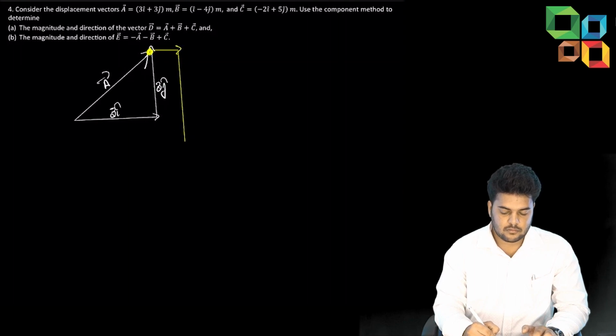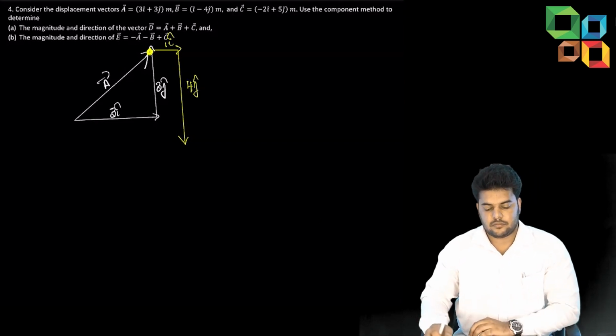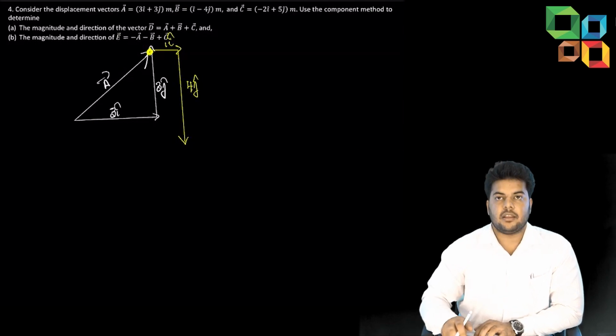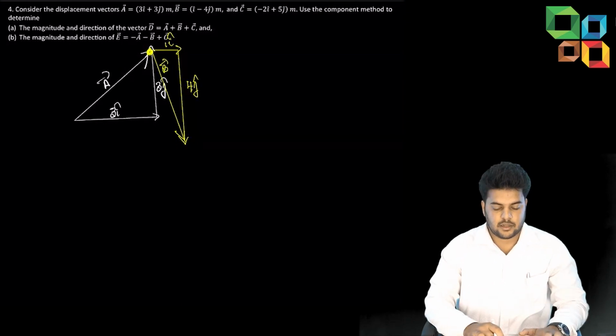So this is 1i and minus 4j. Now add them. How to add? Just join the two endpoints. So this vector over here is the B vector. I hope it's not getting clumsy.